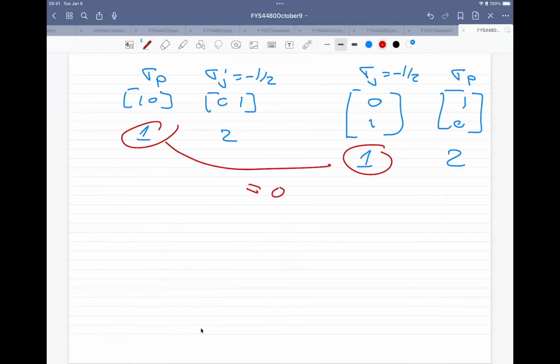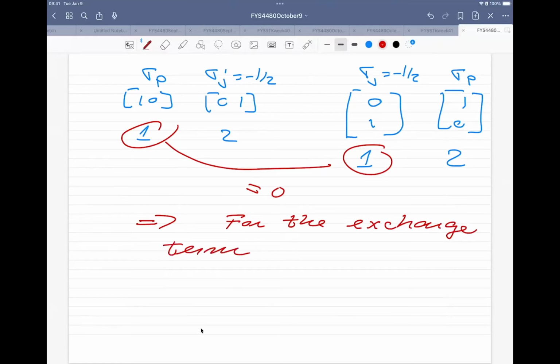If you then interchange for sigma p, you make sigma p equal to minus 1/2, you will also get that one of the terms is going to be 0. So that means that for the exchange term, what we get is just one term instead of two ones.